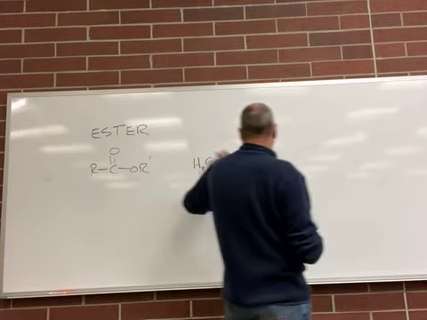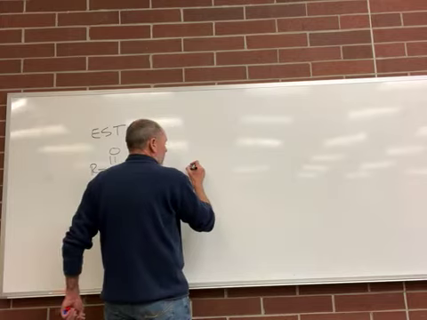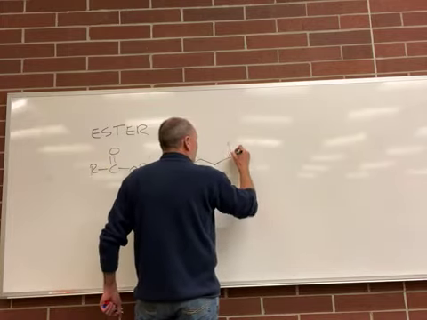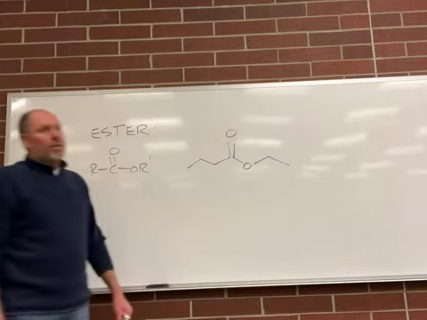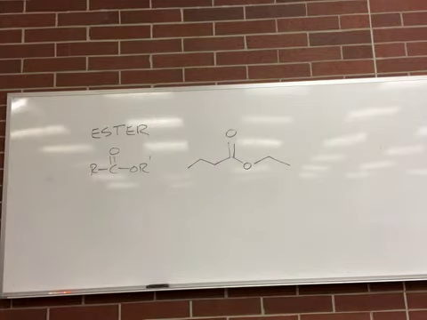I'm going to go to stick structure because I want us to switch over to stick as soon as possible. Okay, so that is an ester. What kind of ester is it? Here's what we need to do.